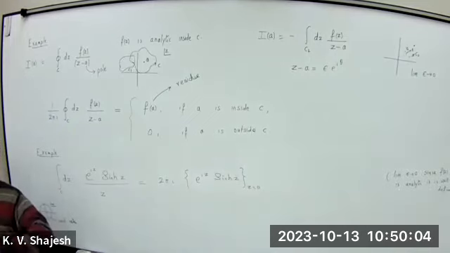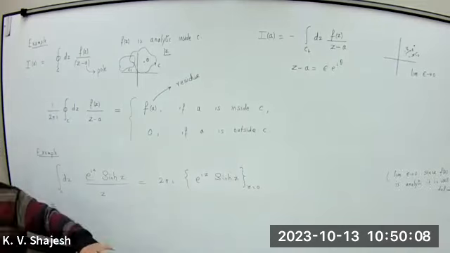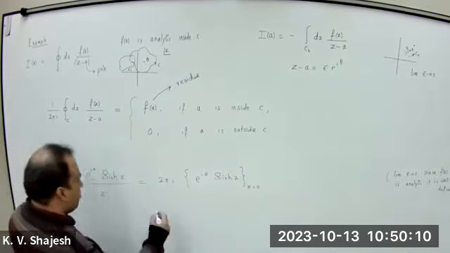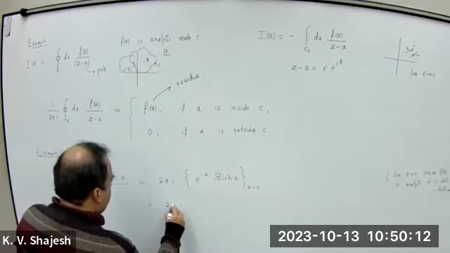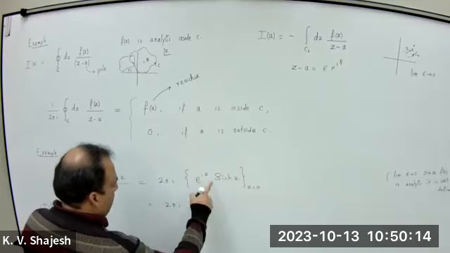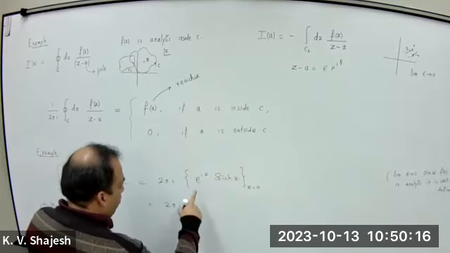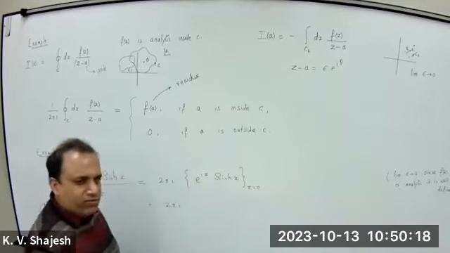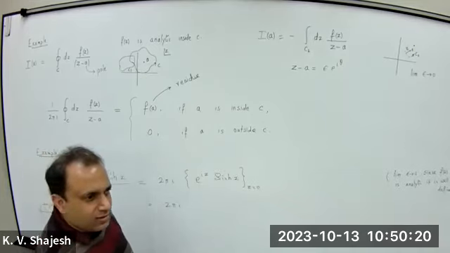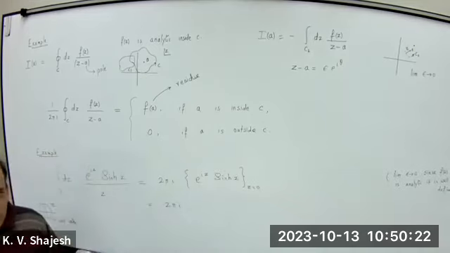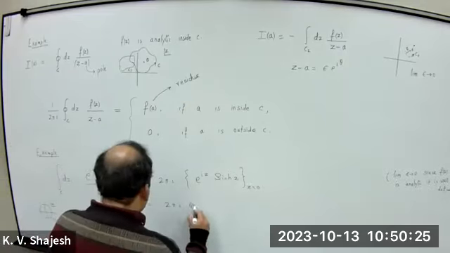If you have more poles, use partial fractions to make 2 integrals out of it. So this is equal to 2 pi i times the residue now, right? Exponential of z is 1, and sine hyperbolic of 0 is 0. So the answer is 0.